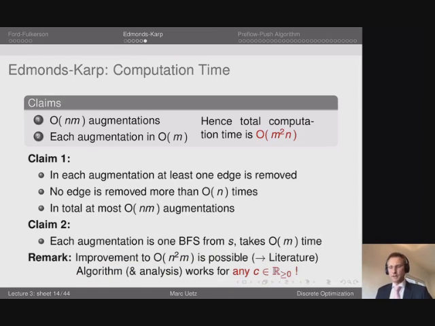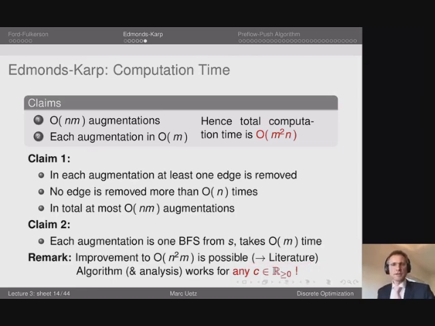That's obviously a big improvement. And another improvement would be possible to get the computation time down to order n squared times m if you're a bit more careful with the recomputation of the residual graph and the corresponding distances. But for that, I refer you to the literature, any textbook. I'm not going to treat that now.